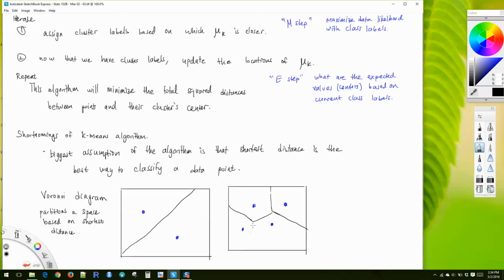I'm eyeballing this, so I don't know if this is any good. These lines distinguish and say anything over here is closest to this center, anything over here is closest to this center, and things like that. So we're partitioning based on shortest distance.